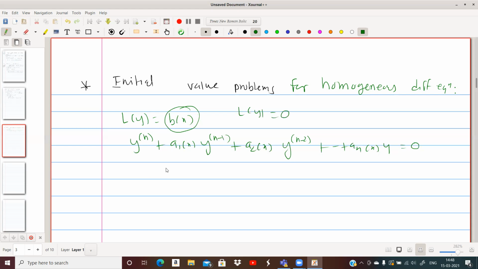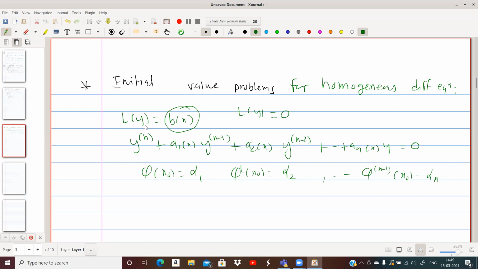And if the solution satisfies, then you must have given conditions. Since its order is n, you must have n conditions. So phi at x naught is some alpha, I called it alpha 1. Phi dash at x naught is some constant alpha 2, and so on. The (n minus 1)th derivative of phi, since the order is n, should go till n minus 1, is alpha n. So there exists phi satisfying these conditions.